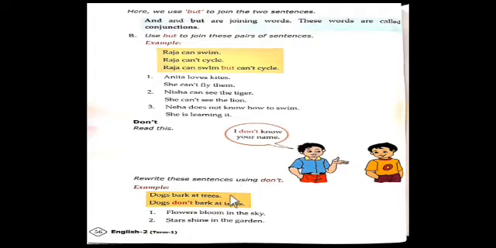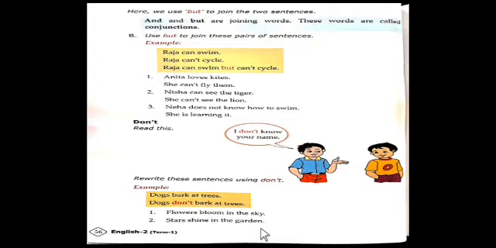Okay. The first one, flowers bloom in the sky. Make this statement in negative form. Is it right? No. Flowers don't bloom in the sky. The second one, stars shine in the garden.